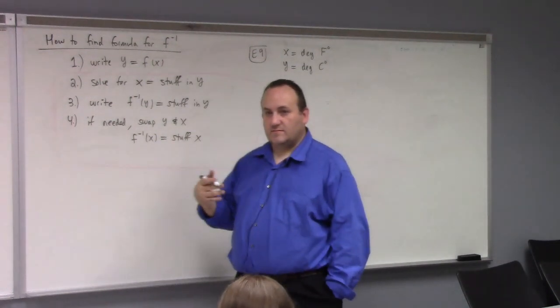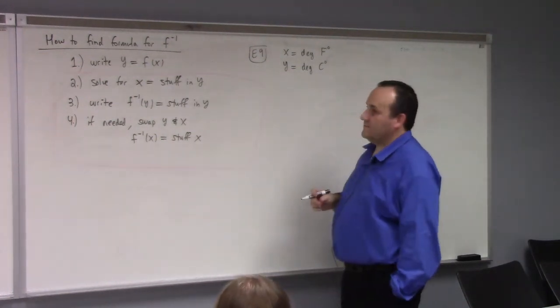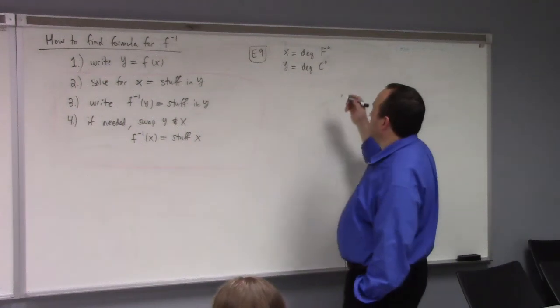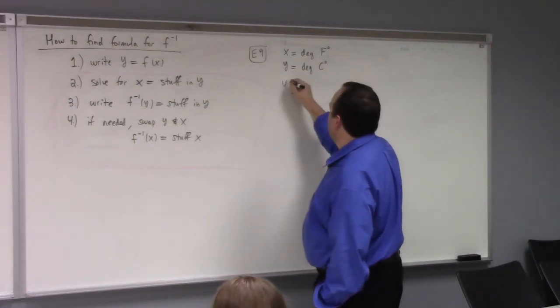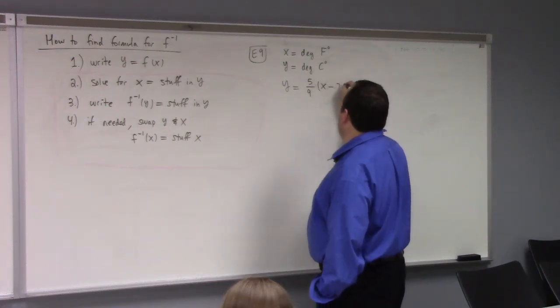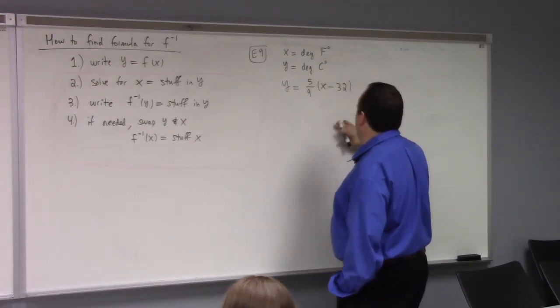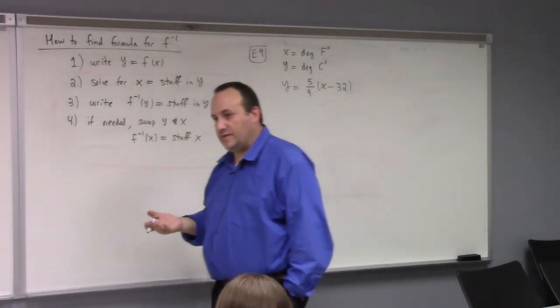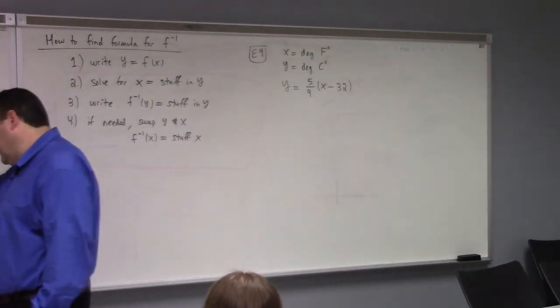What's the relation between Fahrenheit and Celsius? Well, we could write it this way, right? y is equal to 5/9 times (x minus 32). That's the formula that relates Fahrenheit to Celsius.